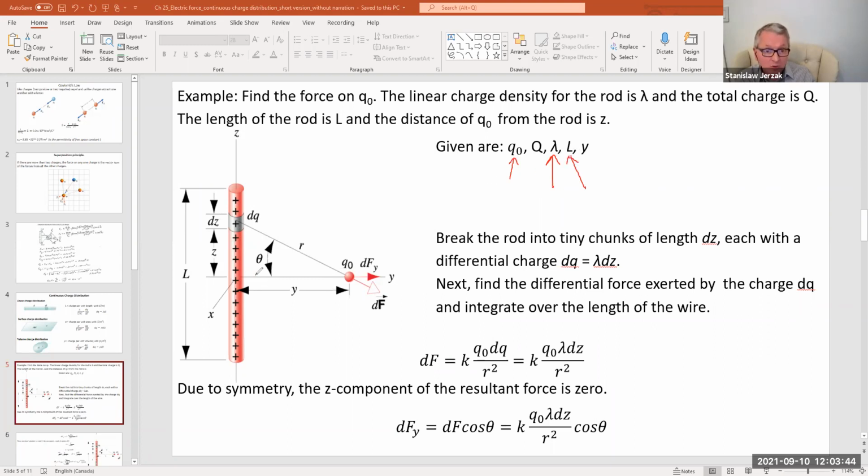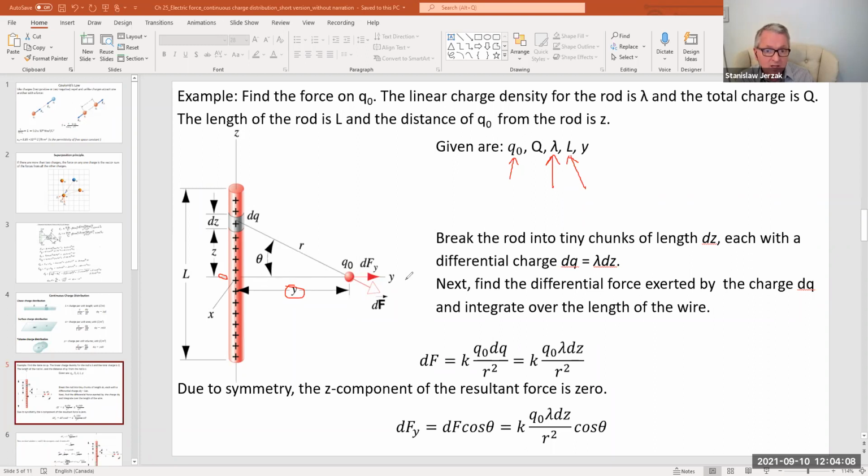And we are also told that Q0 is a distance Y from the center of the rod. And Q0 is actually located on that perpendicular bisector of the rod. So this is the middle of the rod, and Q0 is just now away from the center of the rod.